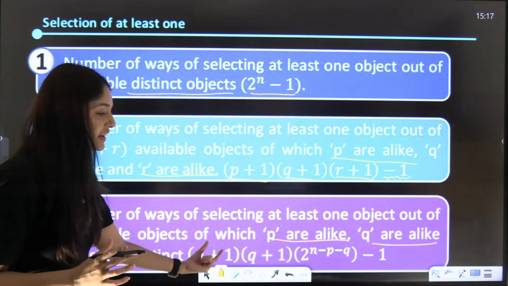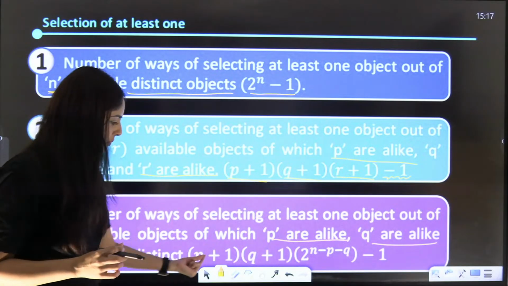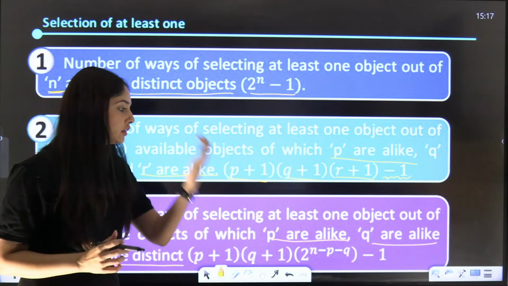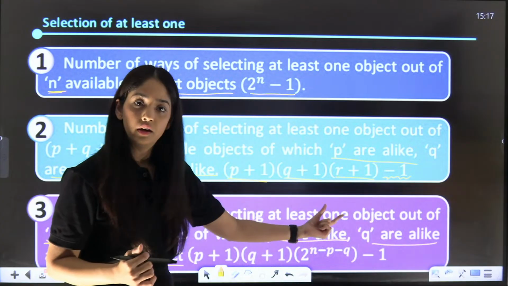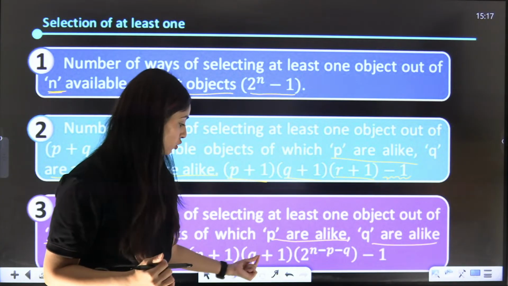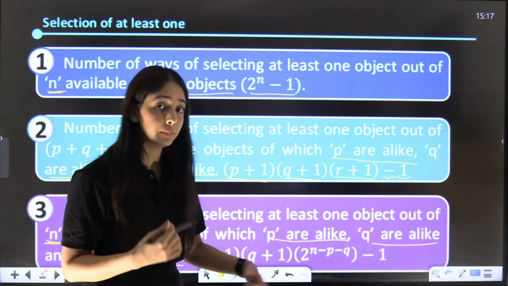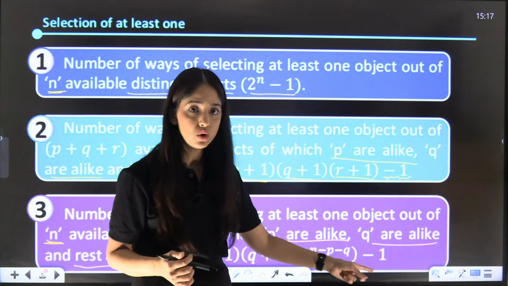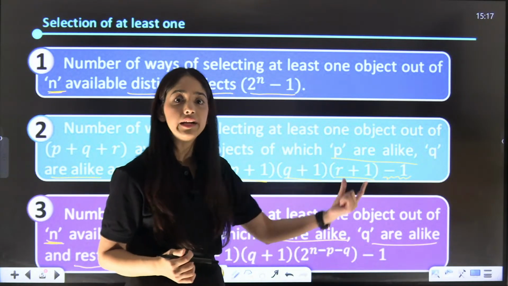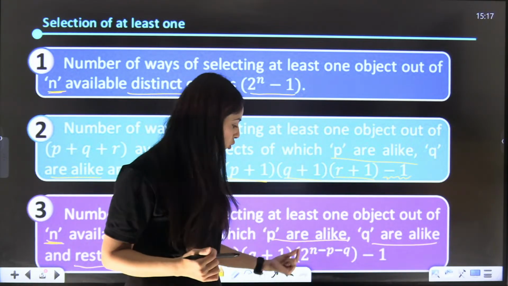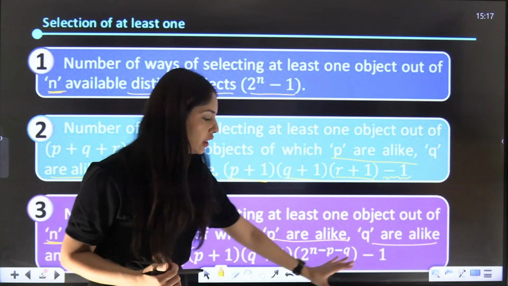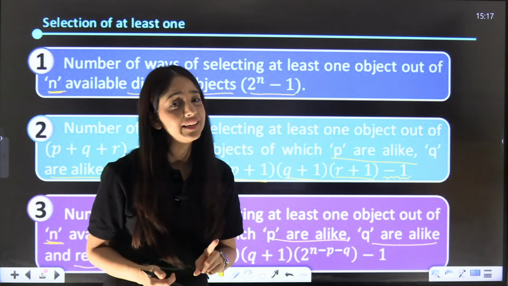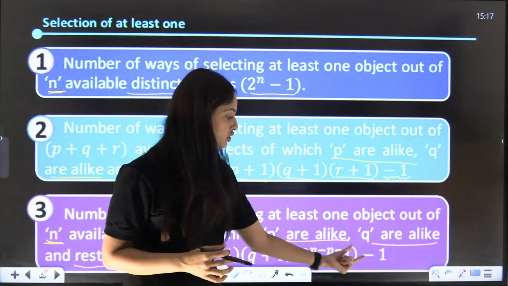For the p identical objects, we have p plus 1 options. For the q identical objects, we have q plus 1 options, and for the remaining n minus p minus q, we have 2 options for each of them. So 2 raised to power n minus p minus q, and out of all these cases we have to remove that one case when none of them is being chosen.